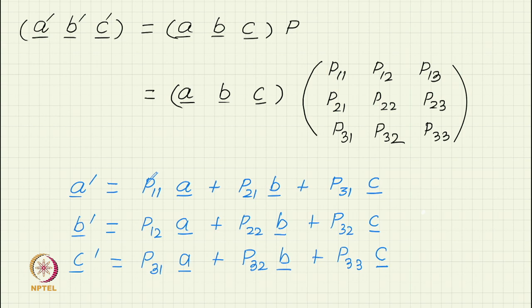So, the components of A prime in terms of A, B and C are P 1 1, P 2 1 and P 3 1, and these are the components of the matrix P.